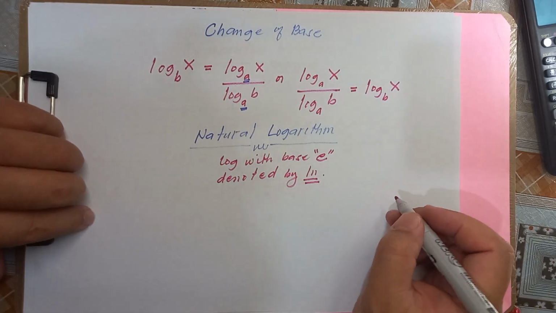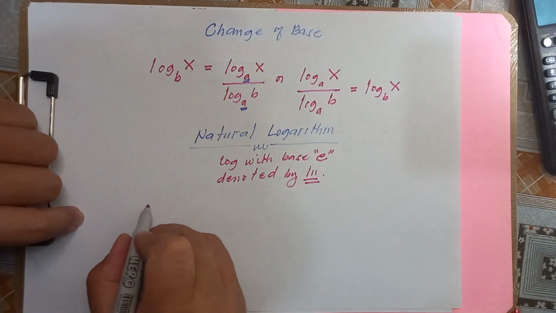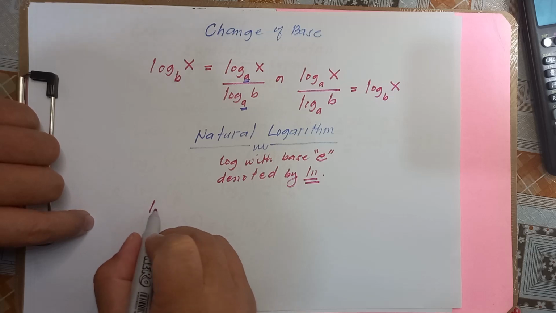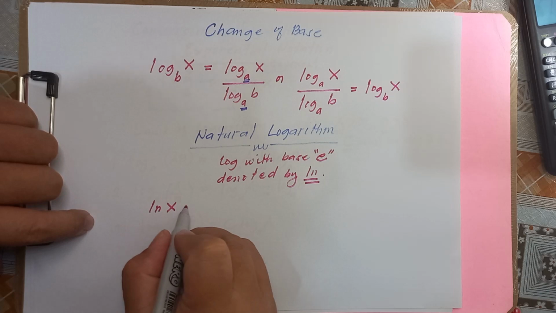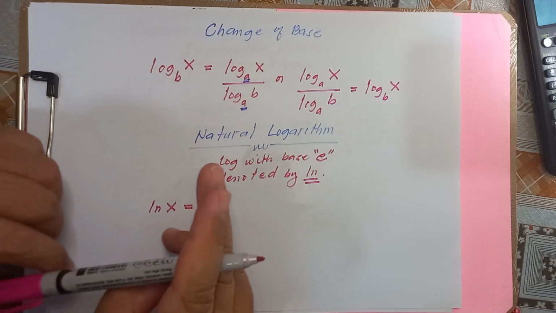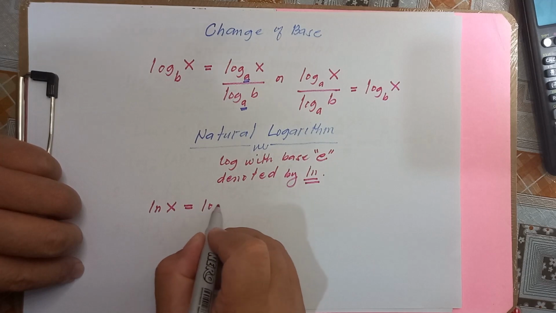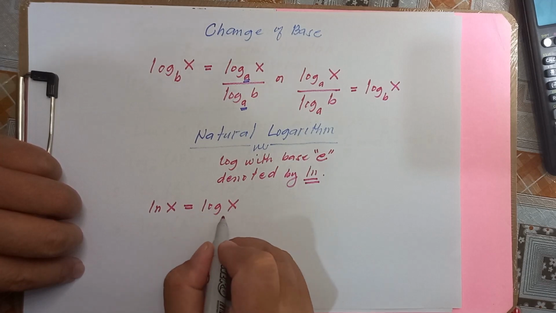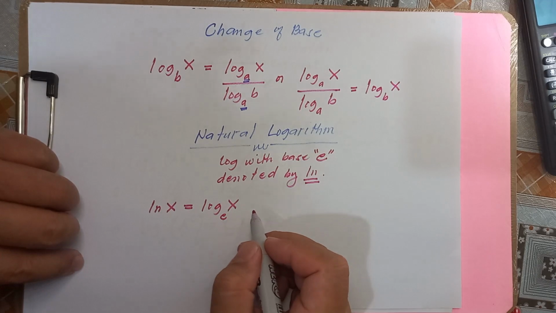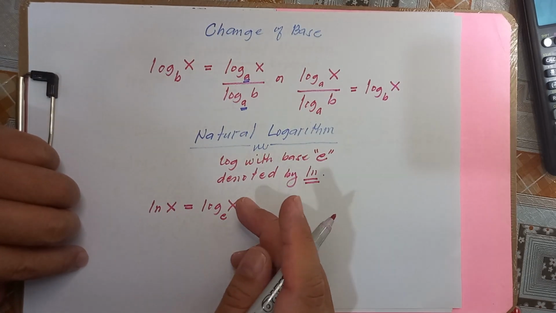So if we say natural logarithm x, the logarithmic form of this is log of x with the base e. So that is the meaning.